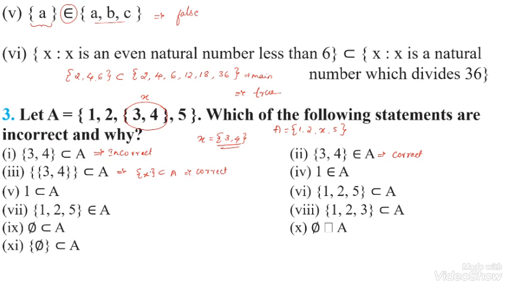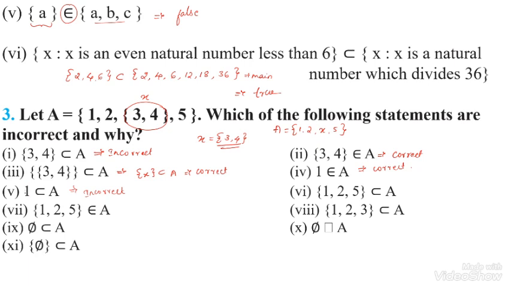Now, the fourth statement, the element 1 belongs to A. Yes, the element 1 belongs to A. This is the correct step. Now, here the statement 5: {1} is a subset of A. No, it is an incorrect statement because 1 is taken in the form of an element.